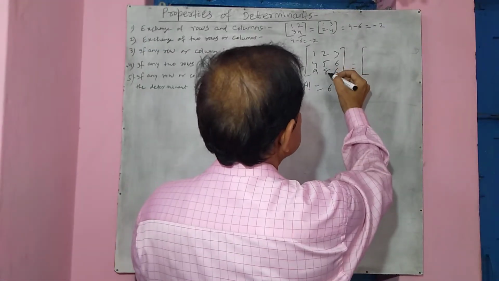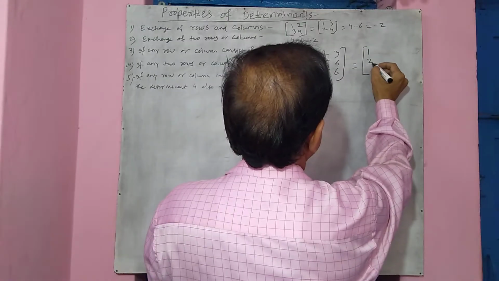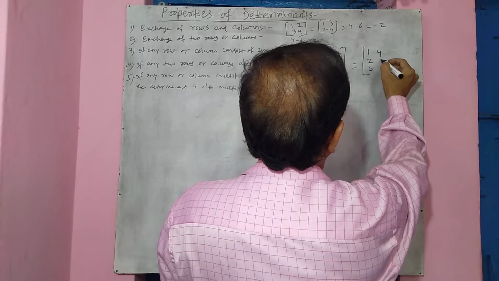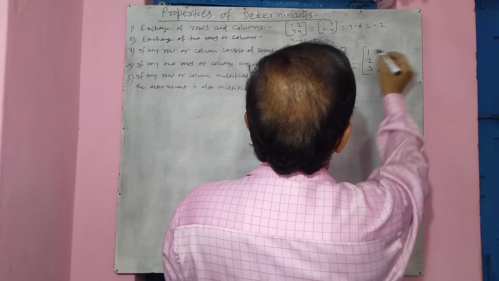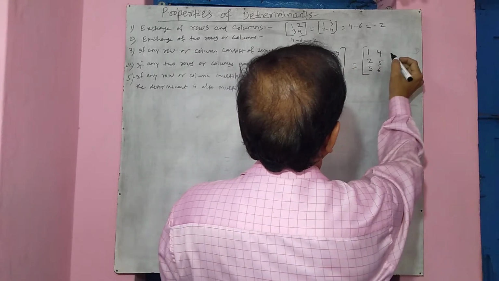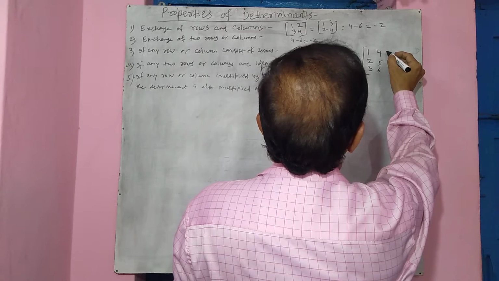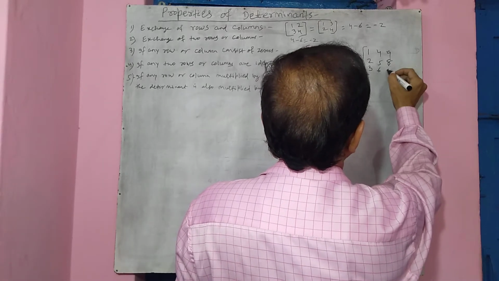Let's say I will exchange these 2 columns. 1, 2, 3, then 4, 5, 6, then the third column, 9, 8, 6.